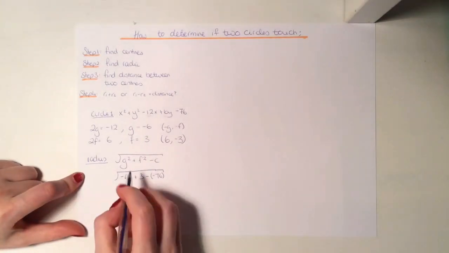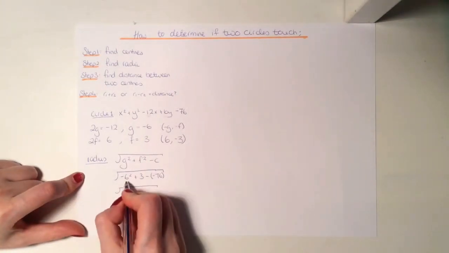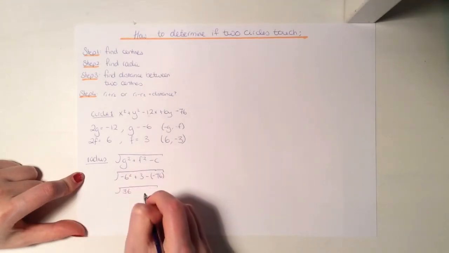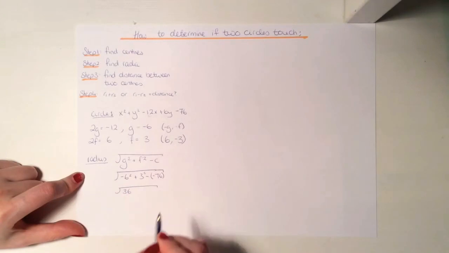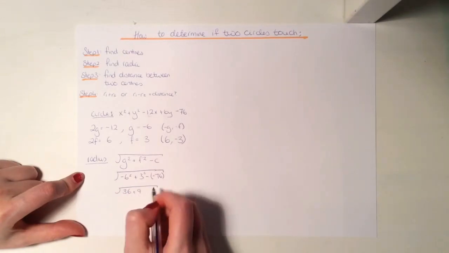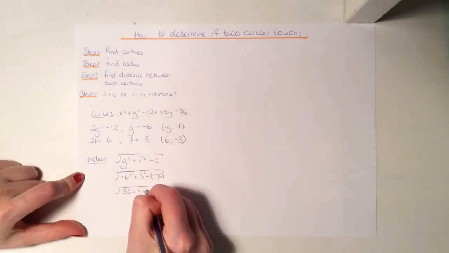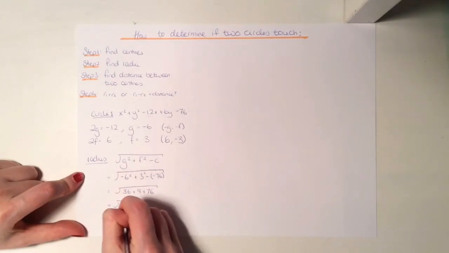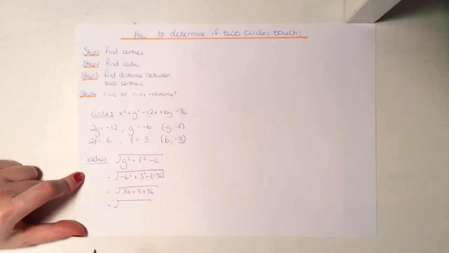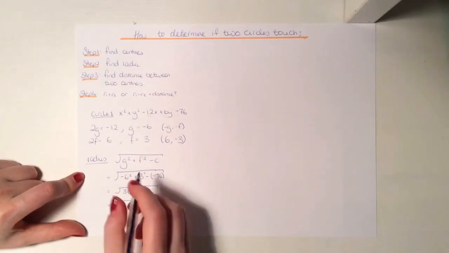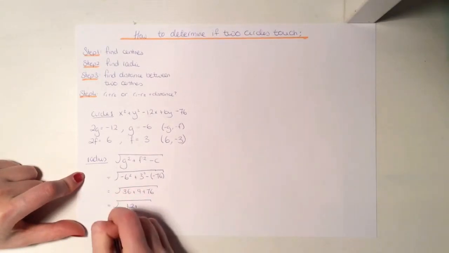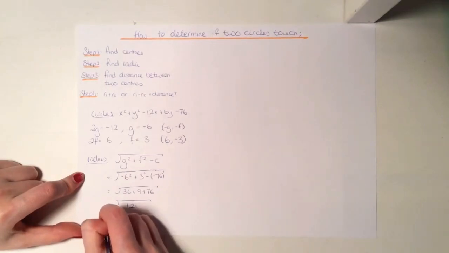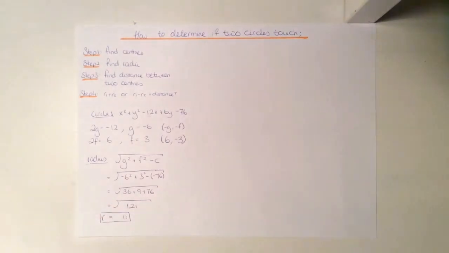Okay, so we've got, now remember, minus times a minus gives a plus, that should be squared, apologies, minus 6 squared, plus 3 squared, which is 9, minus minus 76 gives us plus 76. And then add those up, so get the calculator if you need to. That should add up to be 121. And the square root of 121 is 11. So my radius here is 11.